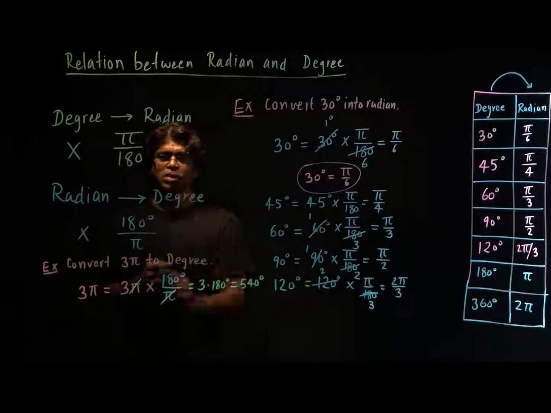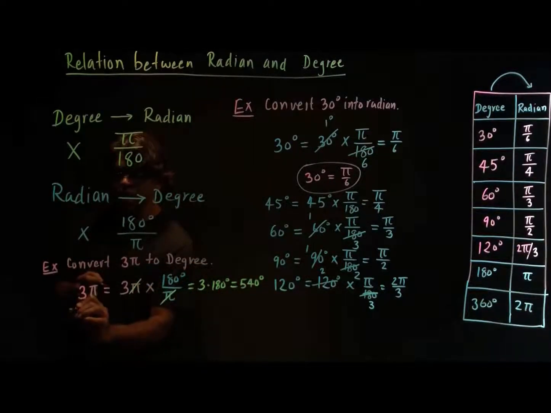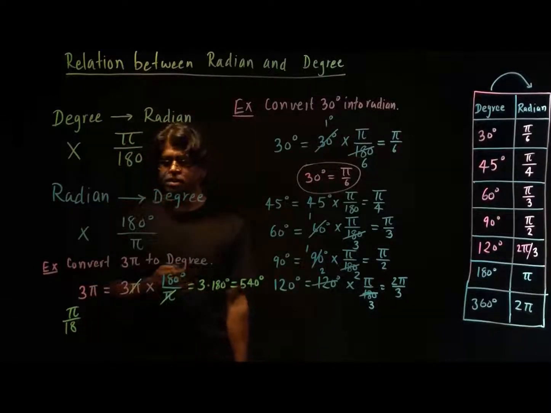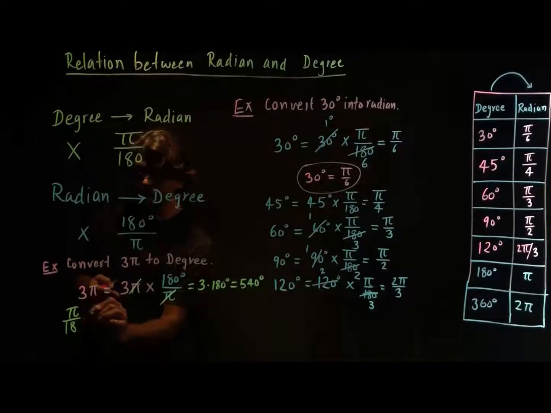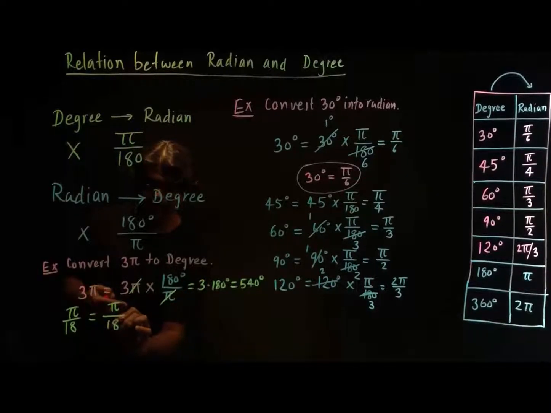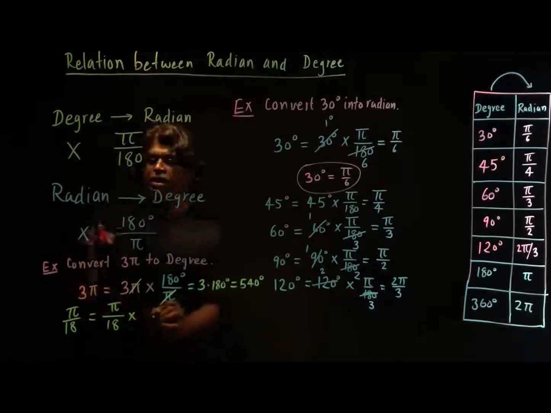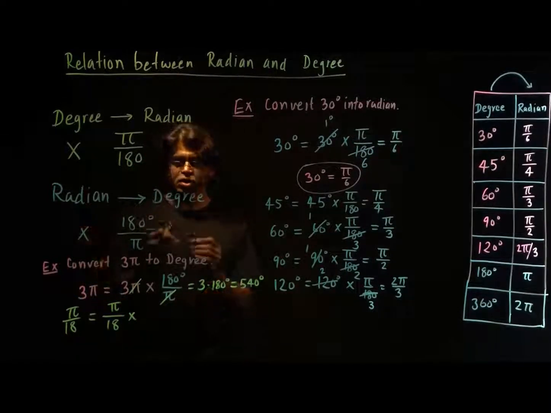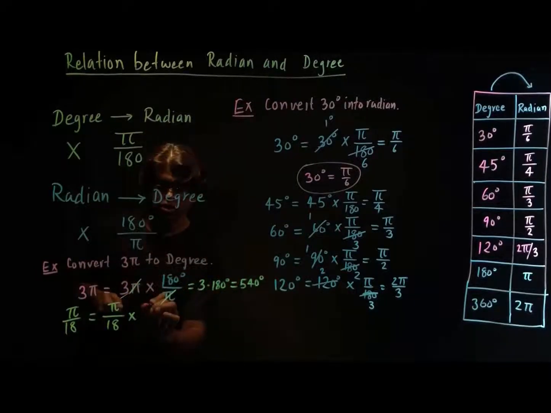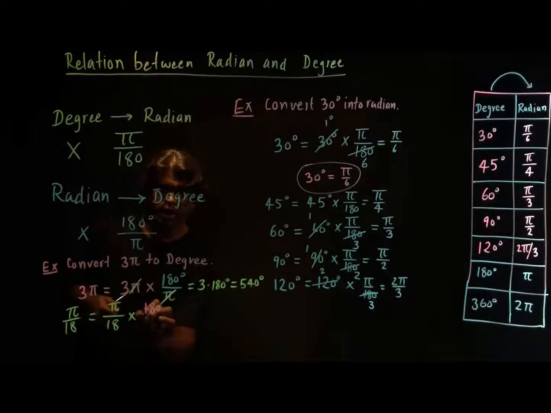Now, let's consider one more example. Suppose I want to convert pi over 18 into degree. I will write pi over 18, which is in radian, times, when I convert from radian to degree, I multiply by 180 degrees over pi.